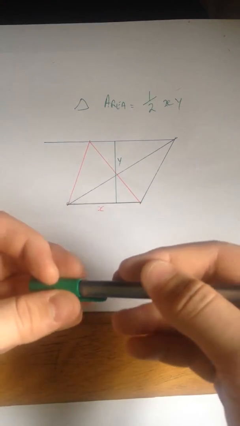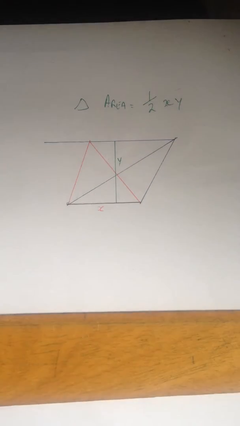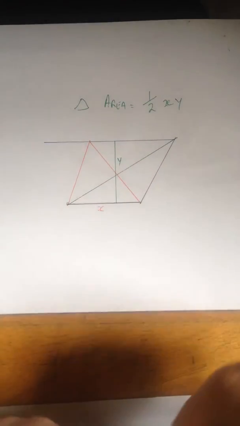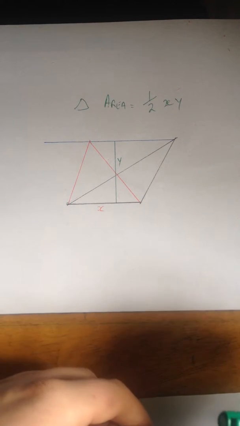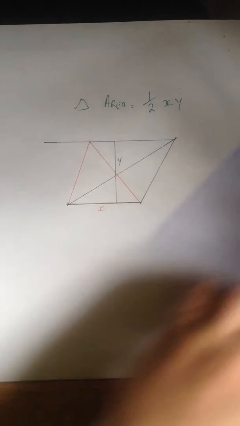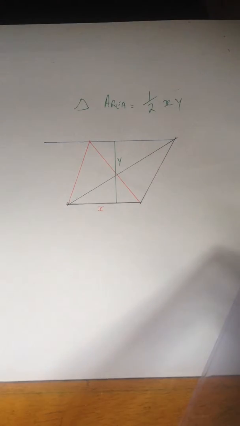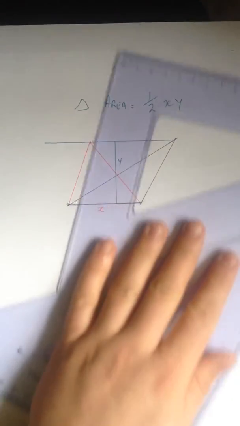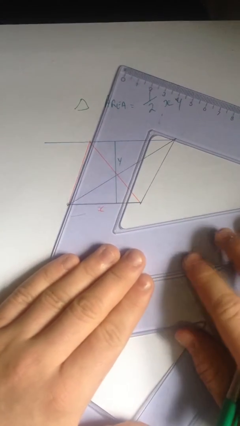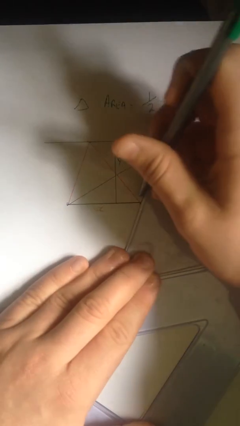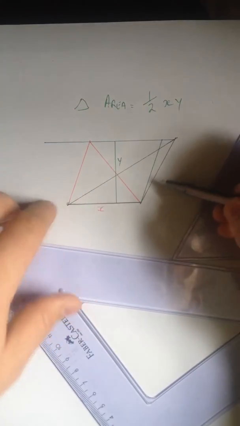And how we know this is by the way we know that the area of a parallelogram is the base by the perpendicular height, and that gives you the area. And whenever we draw a parallelogram, we have the sliding set squares. As you can see, there's my parallelogram now for the red triangle.